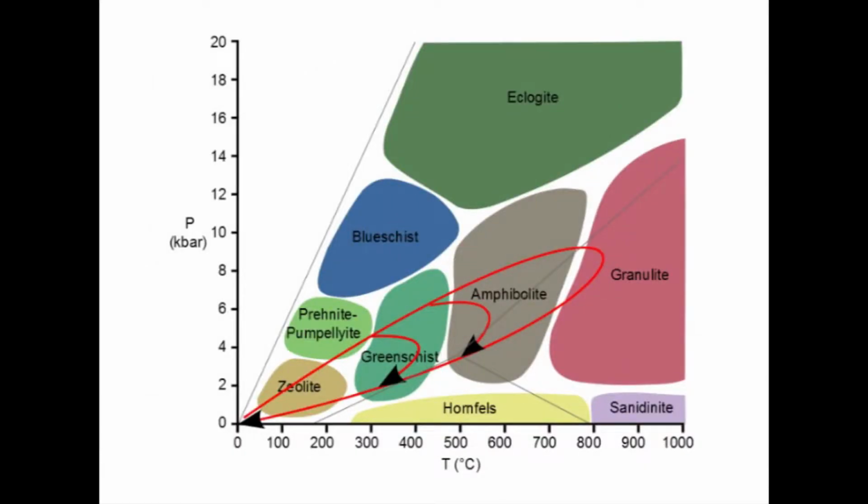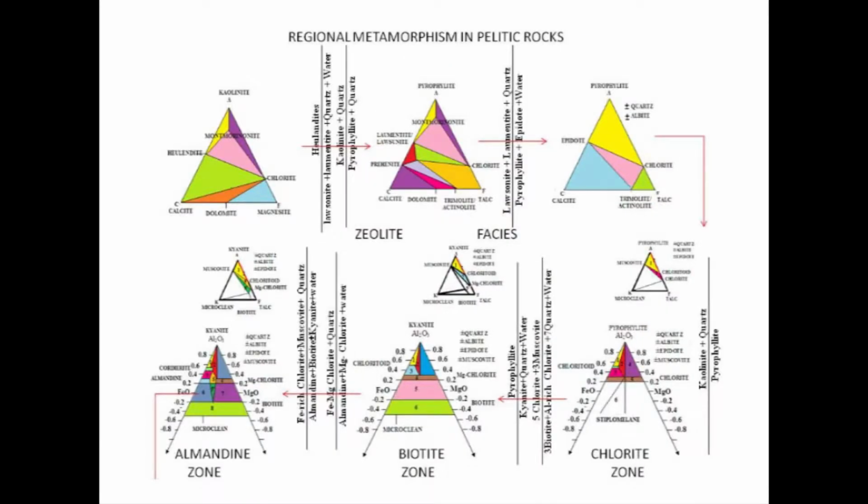In this topic, we will discuss in detail, particularly for the pelitic rocks, how the pelitic rocks are metamorphosed right from zeolite facies up to granulite facies, with special reference to AFM diagrams and important reactions.